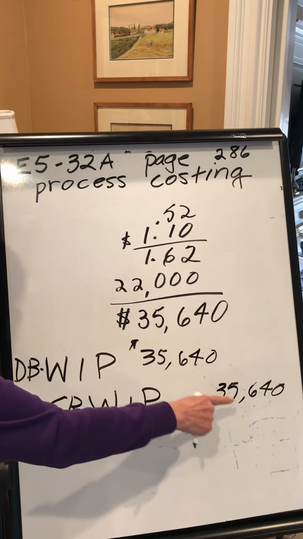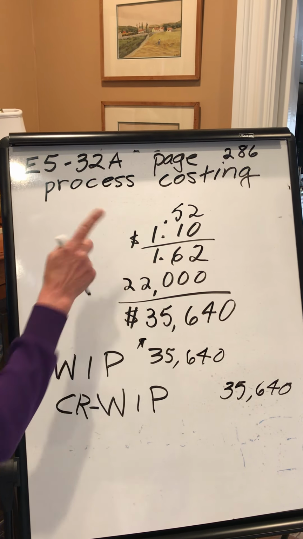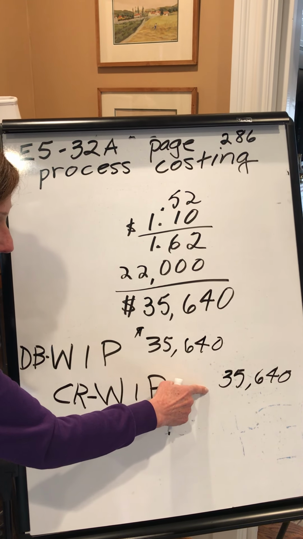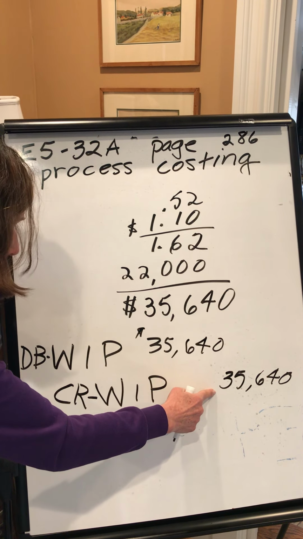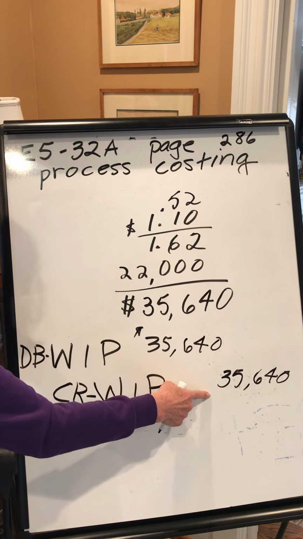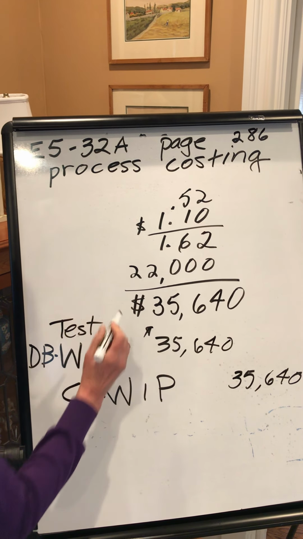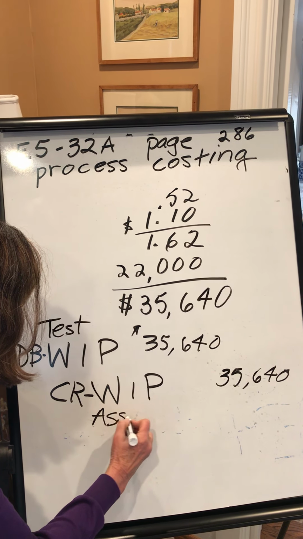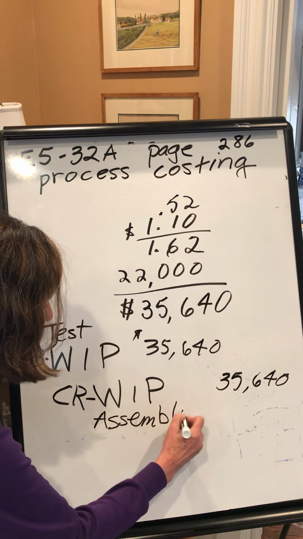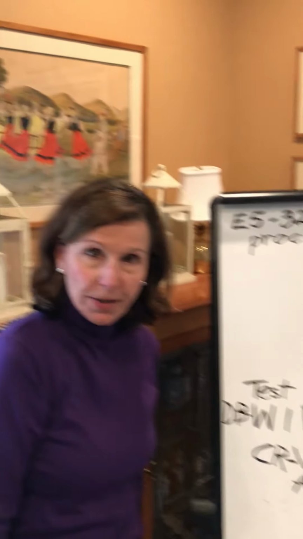So we're now tracking for the 22,000 units, $35,000 is going out of the assembly department and into the testing department. Testing, assembly. And that, folks, is the flow of process costing.